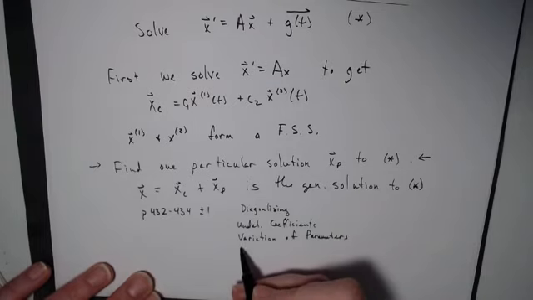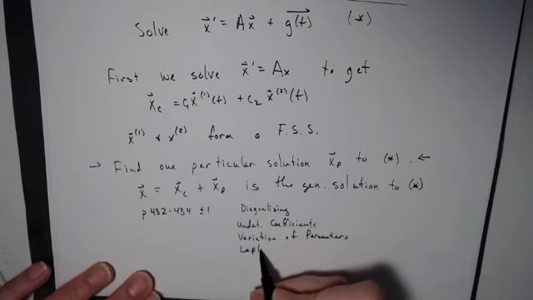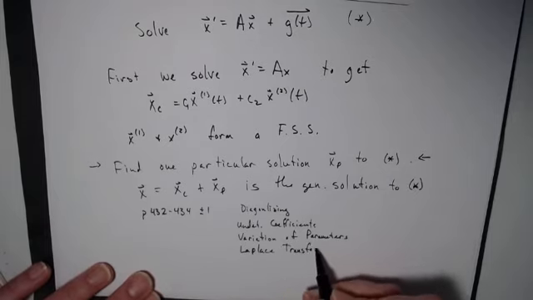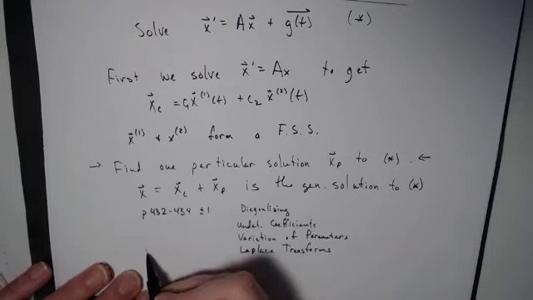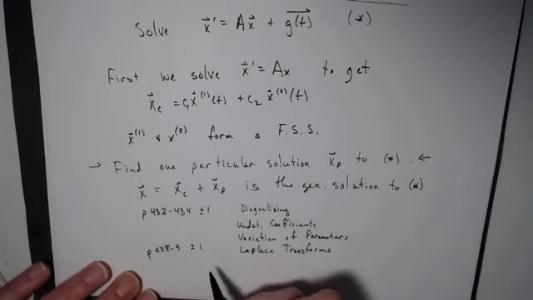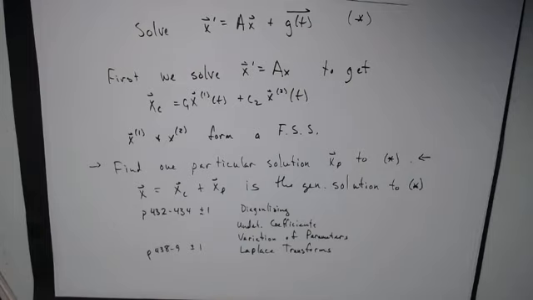And lastly, we could also use Laplace transforms. You can find this in your book too, pages 438 to 439, again plus or minus 1, maybe 2 by this point, I'm not sure.